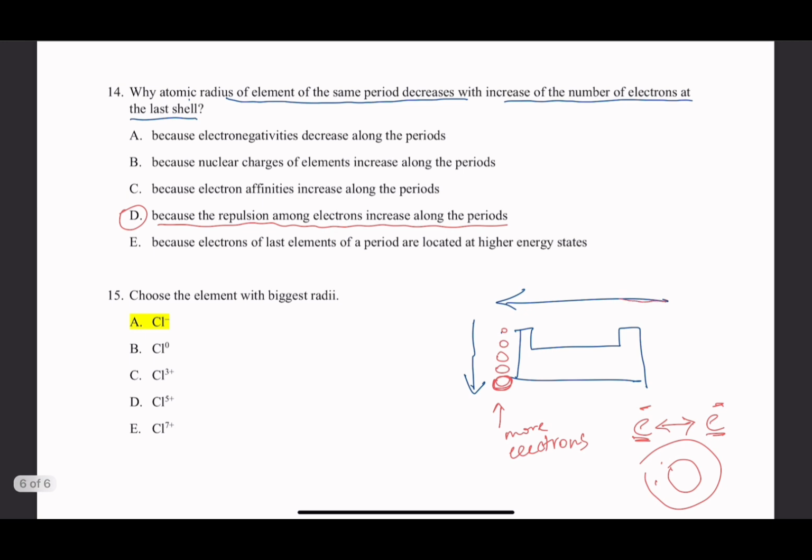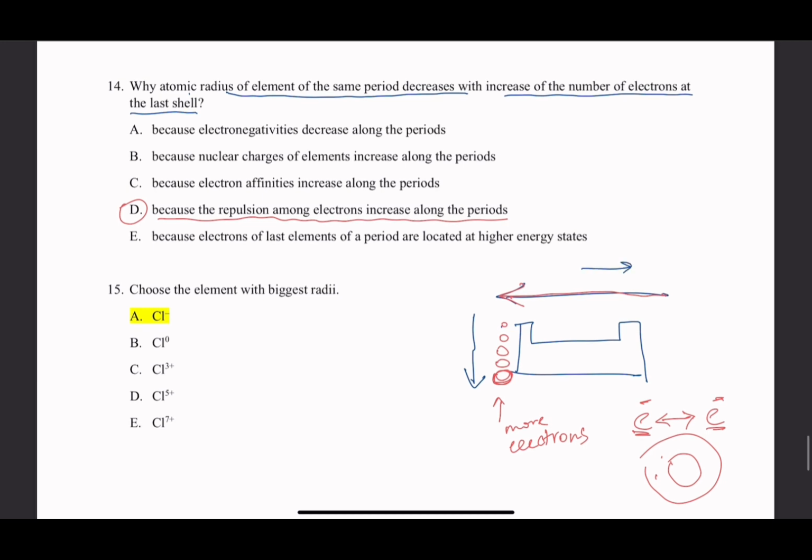So atomic radius decreases from left to right because as you go right, electronegativity increases, right? Electronegativity is what? Withdrawing electrons, obtaining electrons, right? If I get more electrons, that means I pull them in closer to my nucleus.